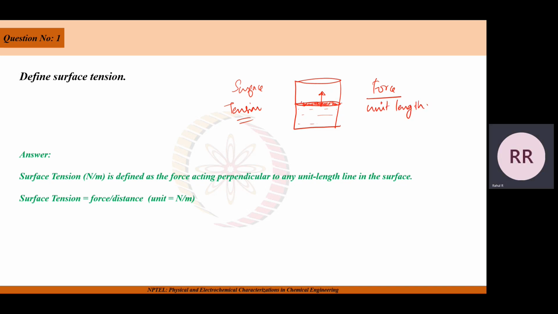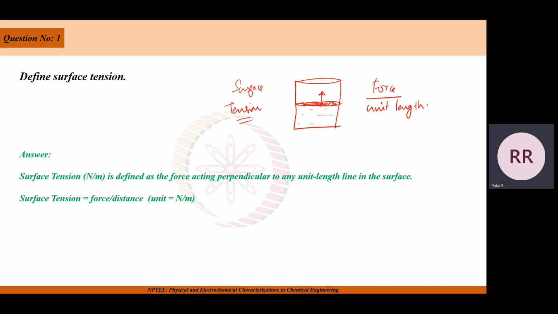The surface, in this case, acts like an extended, stretched membrane, so there will be a tension in that stretched membrane. Similarly, this will also act as a stretched membrane, and the surface tension value is given as the force per unit length of that.